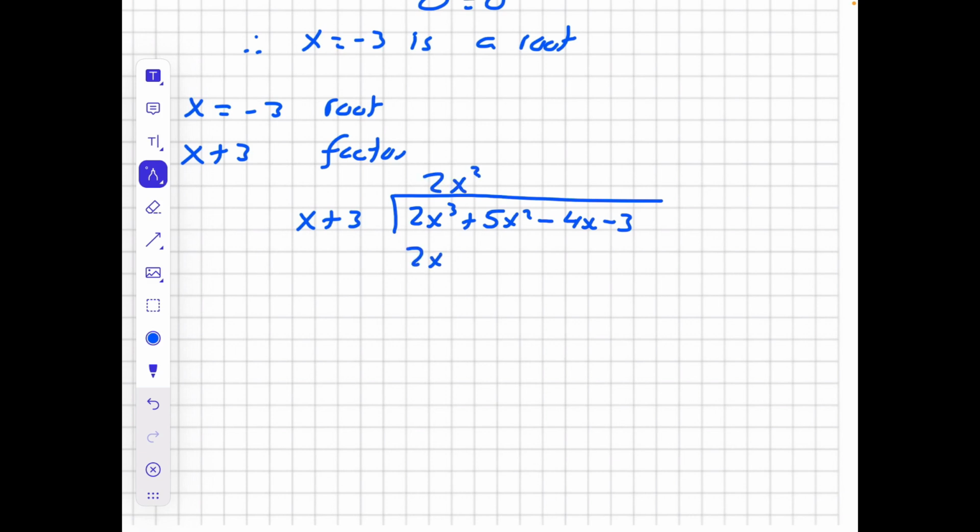Okay, and we're going to do our long division nice and quickly here. So it could be 2x squared. Change signs.